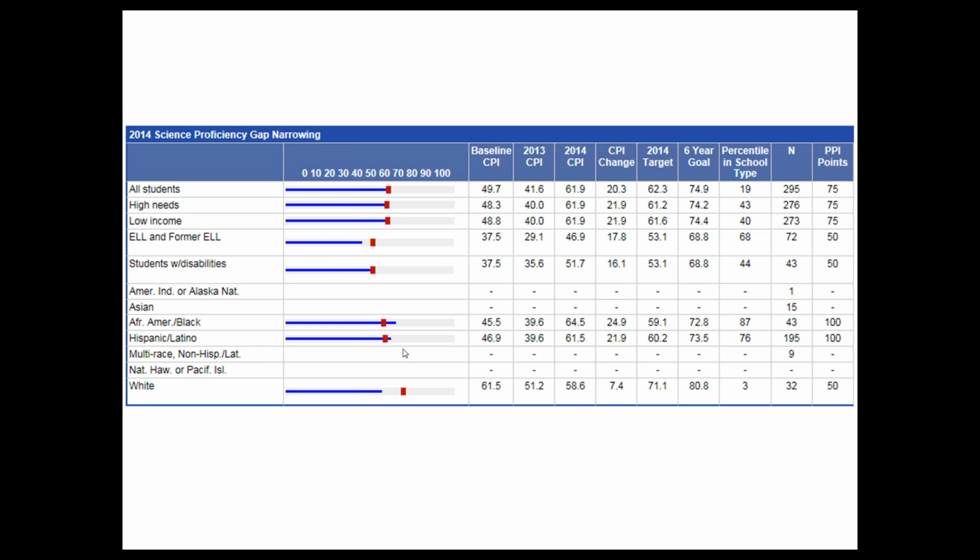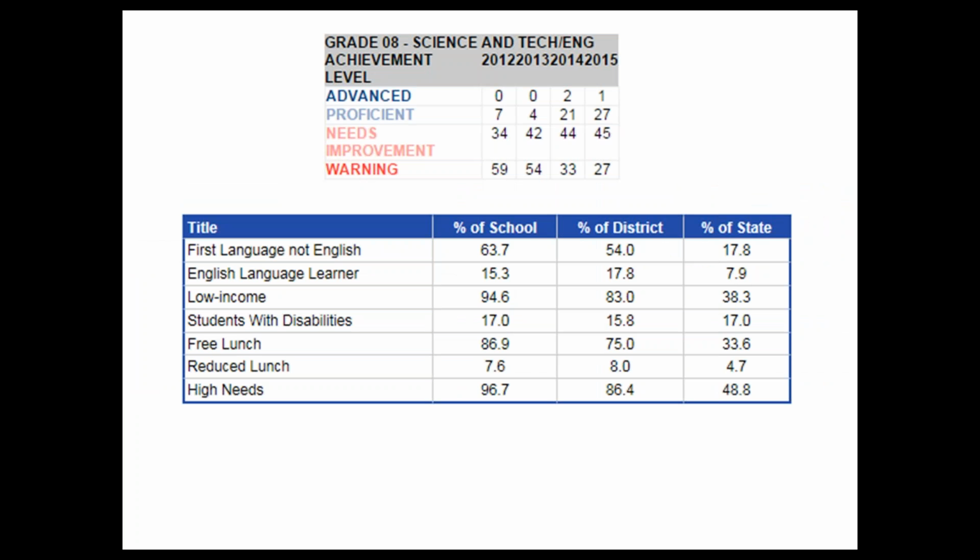This is an example from this middle school, which we worked with, and they went from 4% proficient to 23%, and then they've gone up another 5 or so points here, and you can see the warning and failing categories dramatically dropping. When you look at the school's makeup, you can see 95% low income, 87% free lunch.